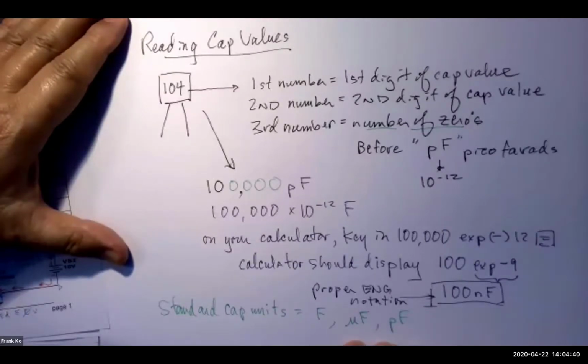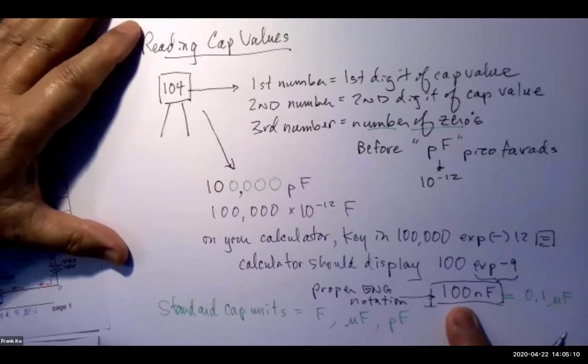In capacitors, we would not write our answer in nanofarads or gigafarads or millifarads. These are the standard values: farads, microfarads, and picofarads. So this is actually equal to 0.1 microfarads. Okay, they are the same value. 0.1 microfarads is the same as 100 nano.